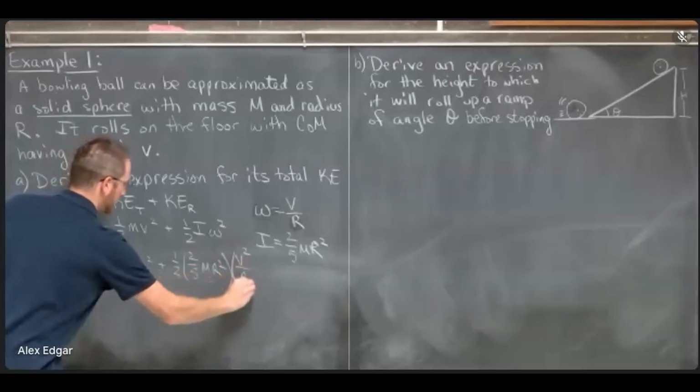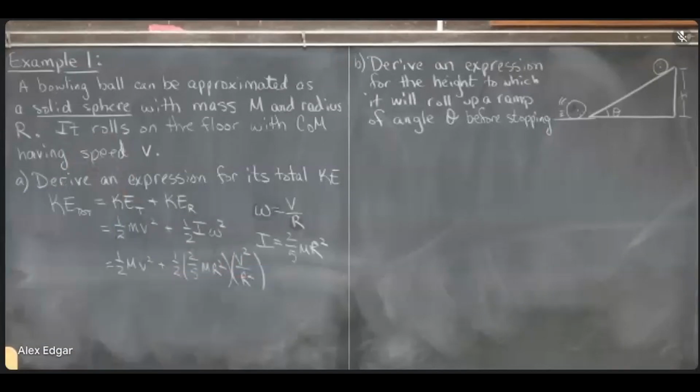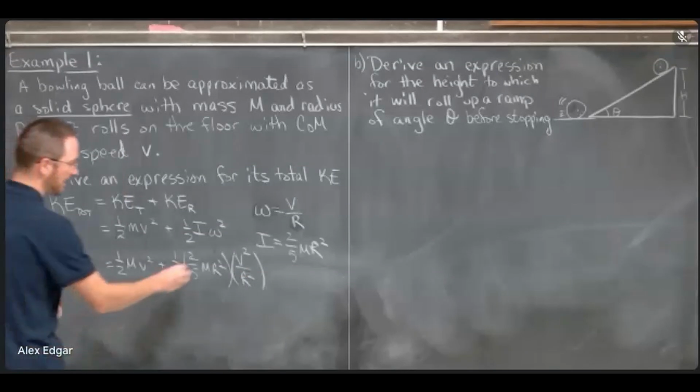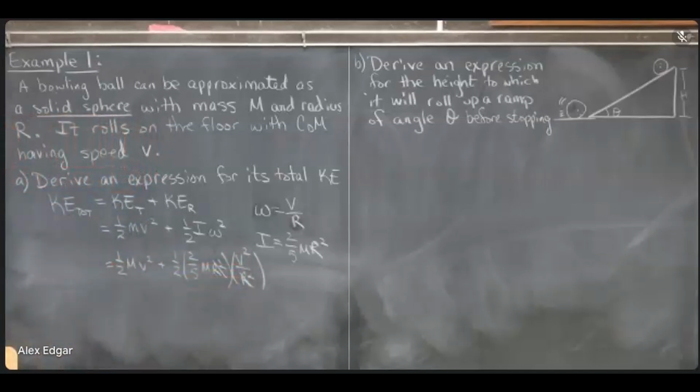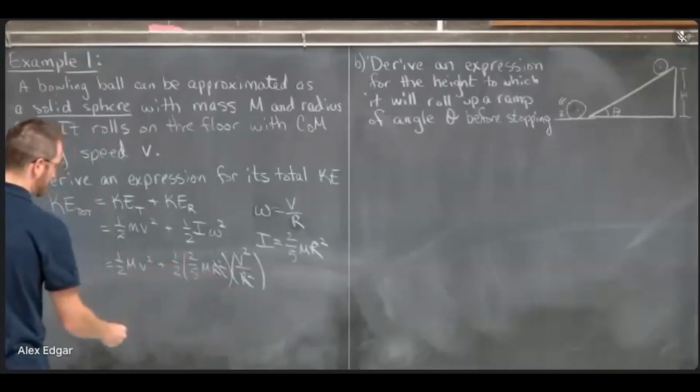What you should notice is that the radius of that bowling ball does not matter as long as it is rolling without slipping. As soon as slippage occurs, that radius is going to matter because there will be a torque from friction on that bowling ball. But right now, the radius is not going to matter as it rolls without slipping. It's going to cancel out.